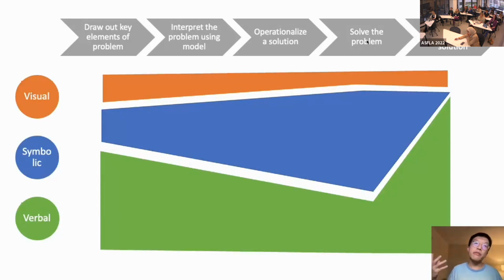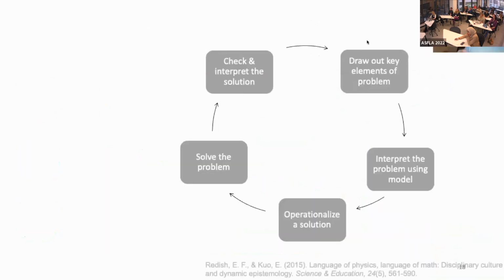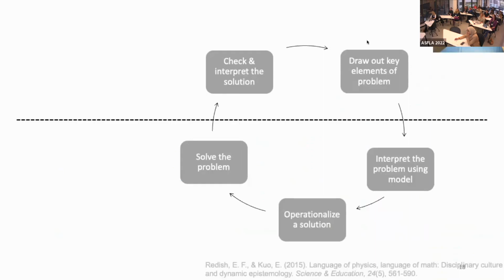But why do we have this kind of variation of the 3 modes in the 5-stage approach? A very deep reason is that in this 5-stage approach, there are actually 2 phases of thinking, or two phases of reasoning. They can be divided by this straight line.